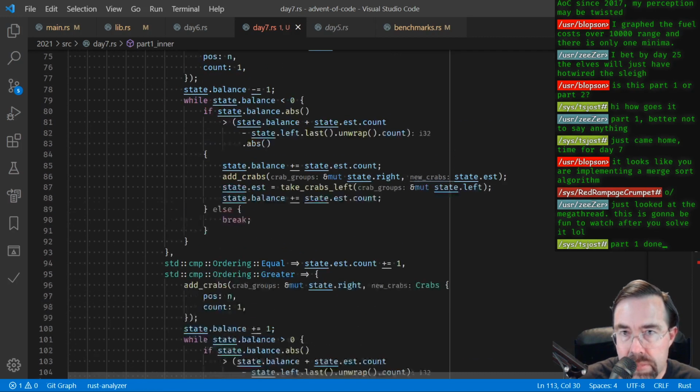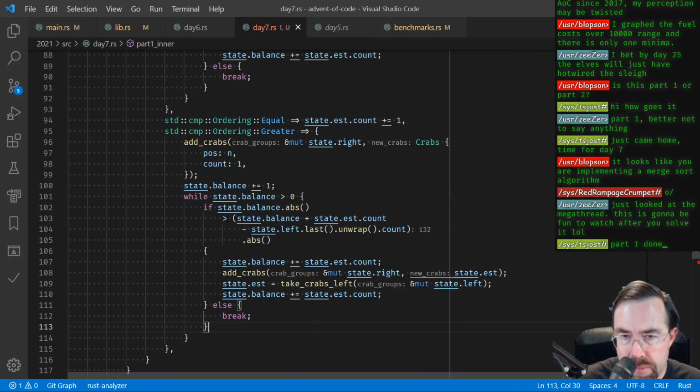So if the balance is the other way. No, it's the same thing. It's if it puts it too far. If it doesn't put it too far off balance, then, but I need to minus that and plus right first.